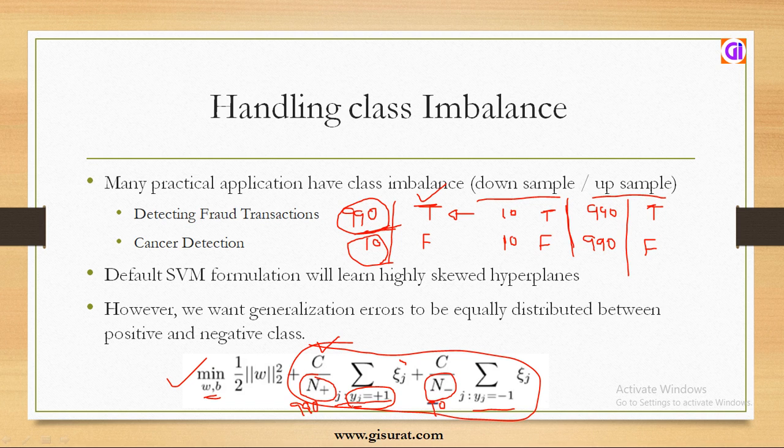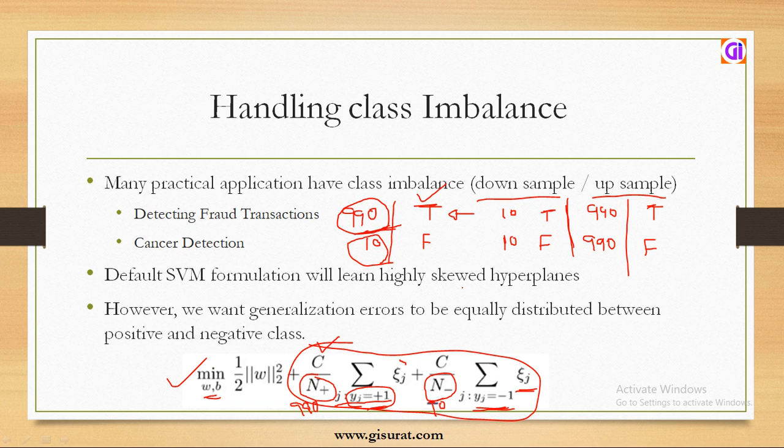Here we calculate the sum of the slack variable for the positively labeled data, and for the negatively labeled data. So it is the sum of all the values which are negatively labeled and the sum of all the values which are positively labeled. So we do not have to handle the imbalance separately; the formula will internally do this.